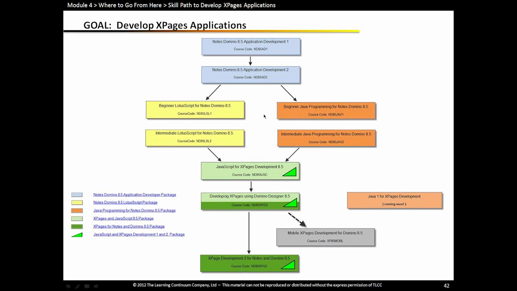In the middle, we have LotusScript and Java courses. Now, the key reason those are there is because you should understand the Domino object model. One of the things that XPages has is the ability to access the complete Domino object model. And so if you've written LotusScript or written Java agents in Domino, those classes will be very familiar to you.